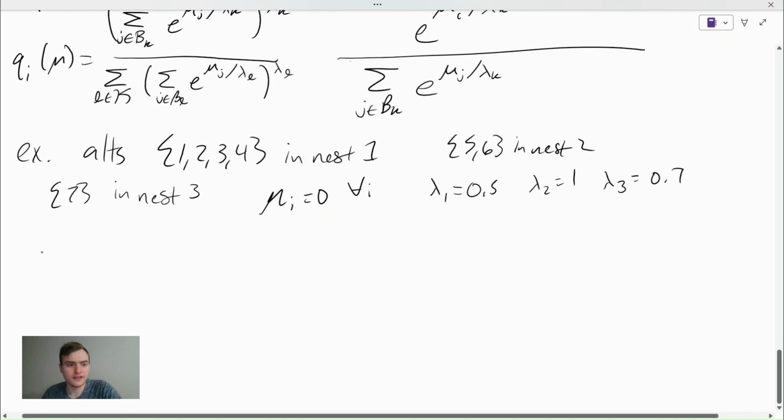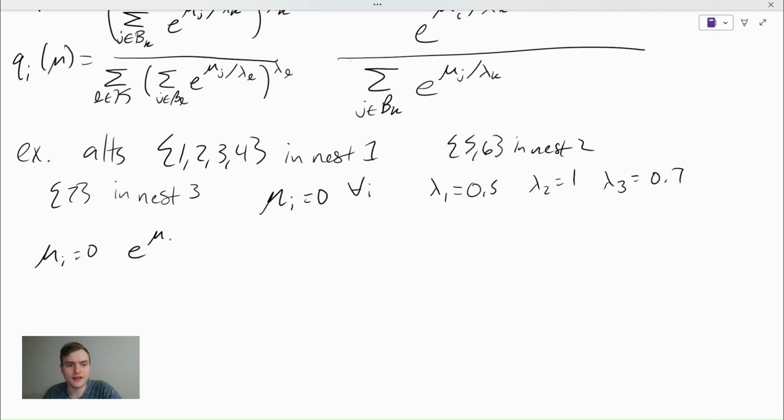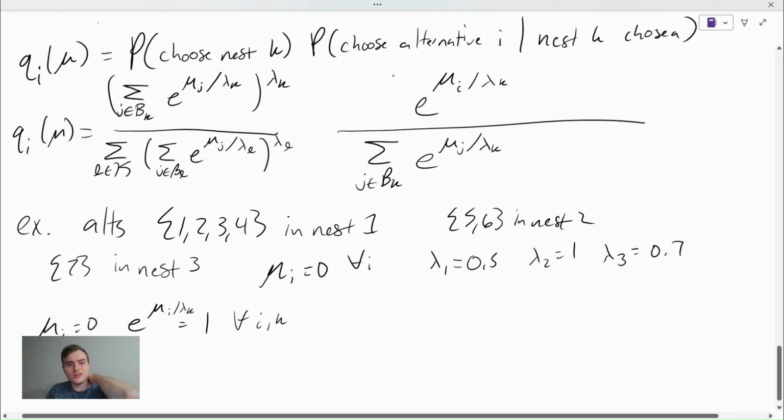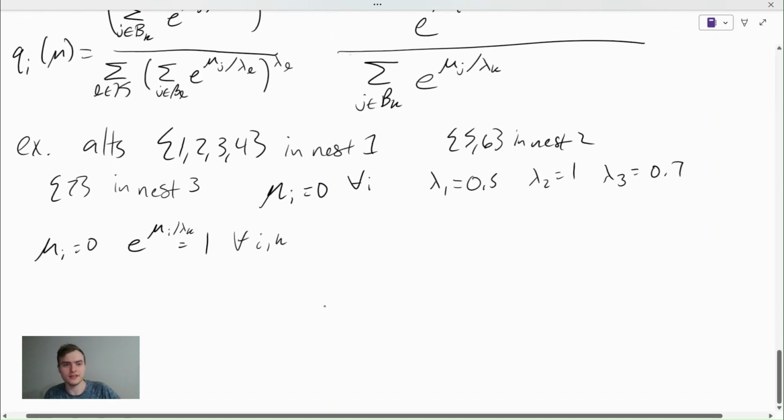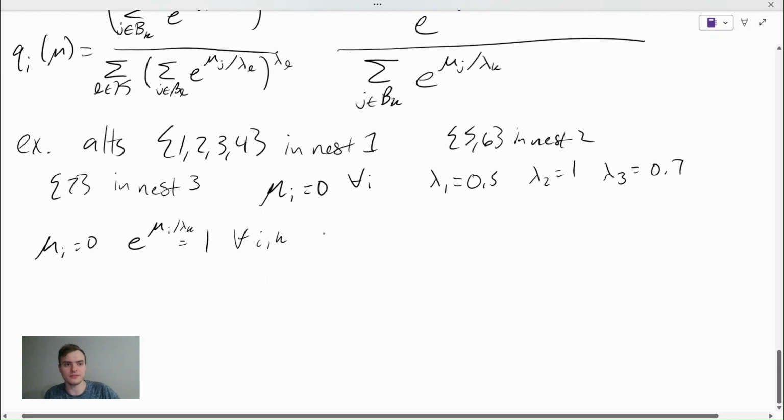And mu I equals 0, so e to the mu I equals 1, e to the 0, for all I. And even if we divided that by lambda K, then it would still be true, right? So all these things are just being replaced by 1, and we're left with the lambdas and the exponents.